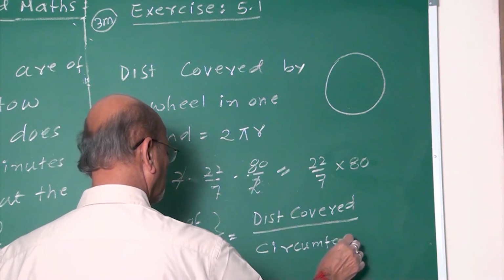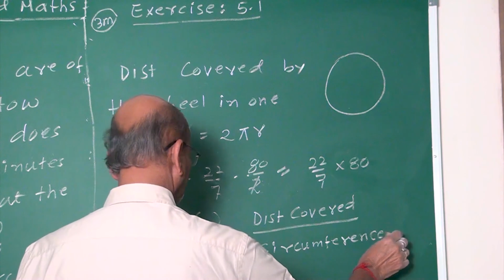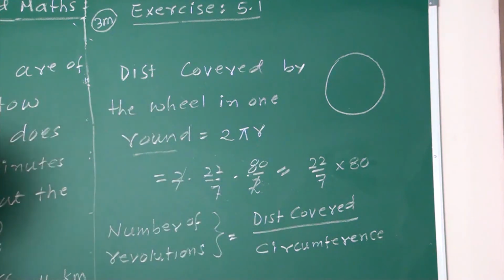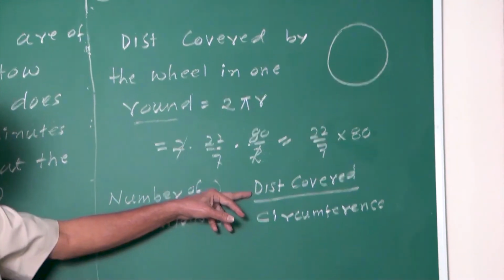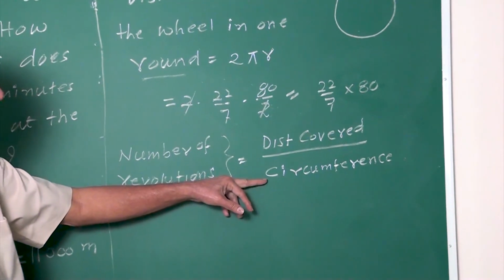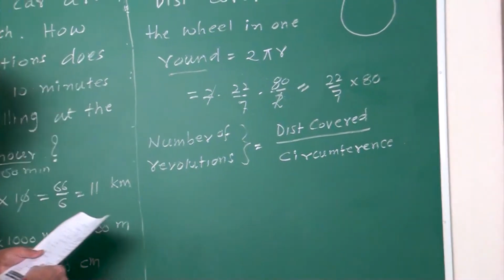That is very important. So, number of revolutions equals the distance covered by the wheel divided by what? Its circumference.